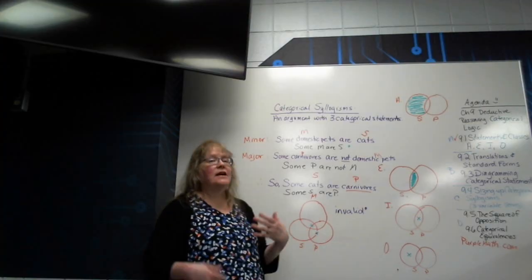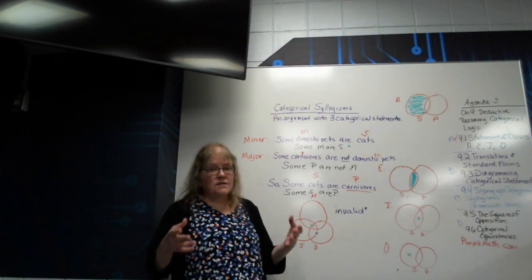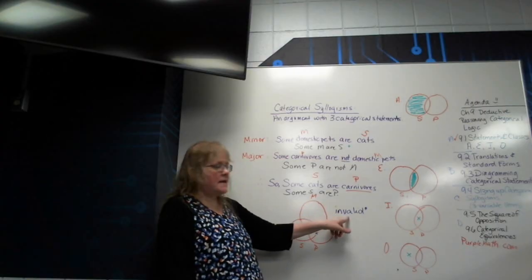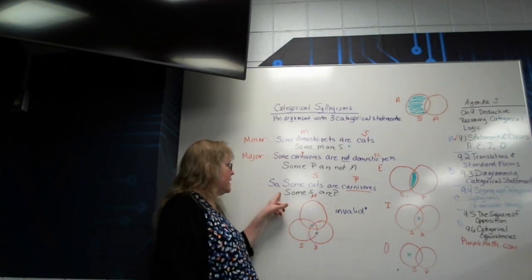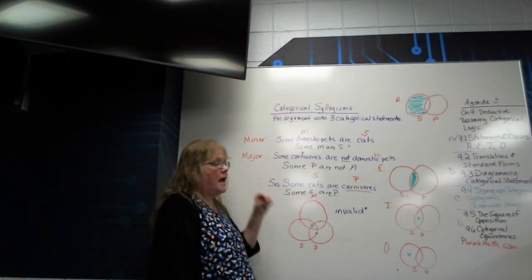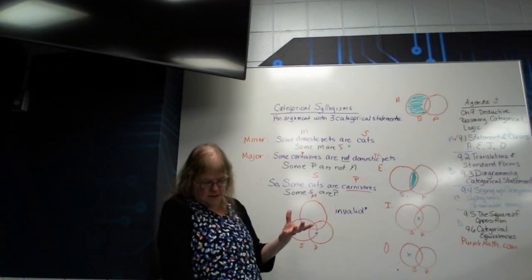Now, just because it could work or it does work by what you've drawn, that's fine, okay? But if it's inconclusive, we have to say invalid. Only if we can say the conclusion definitively do we have a valid argument. Okay, so that's kind of how those things work.